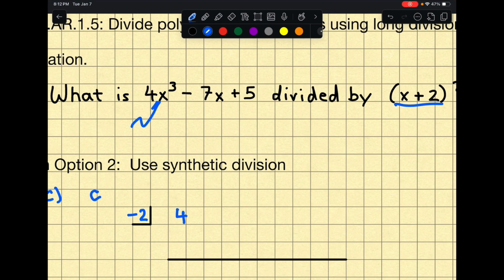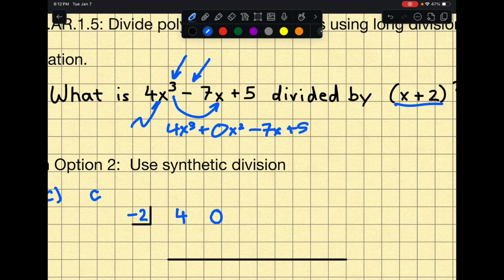Now this is something very important. You'll notice that this polynomial is in standard form. It's a degree 3 polynomial, but we don't have an x squared term. We go straight from 3 to 1. In synthetic division, we're going to want to put a placeholder for that. So we're going to put a 0 right here to indicate 0x squared. So we're going to think about this as 4x cubed plus 0x squared minus 7x plus 5.